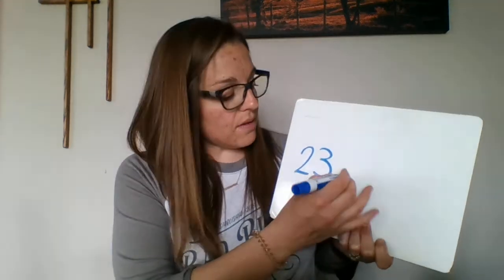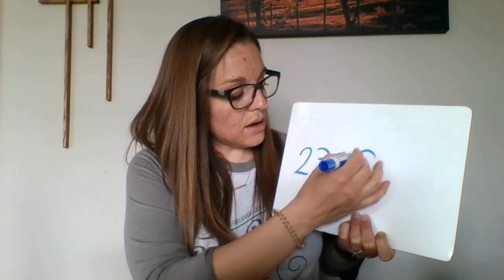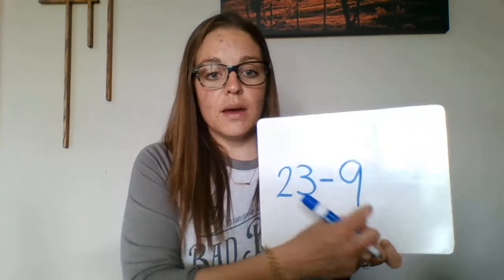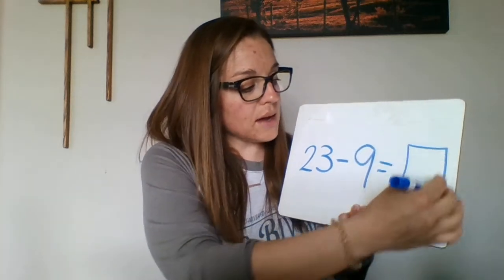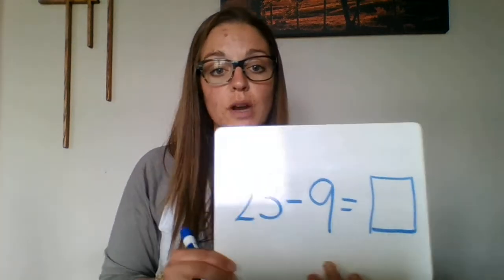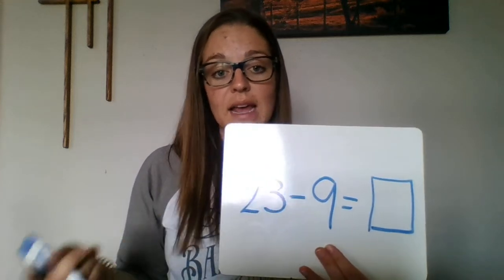So we know that Nate started with 23 centimeters of string. So we have 23. And then he gave 9 away to Myra. So 23 minus 9 equals box, because box is what we're trying to solve for. We're trying to figure out how much string Nate has left.